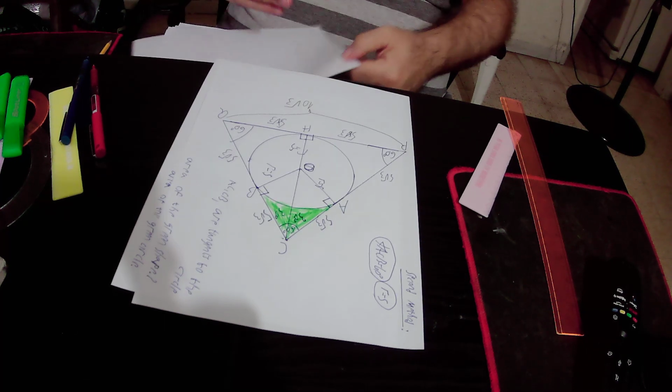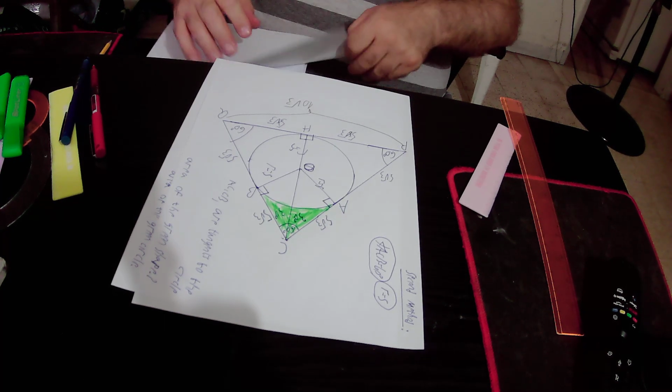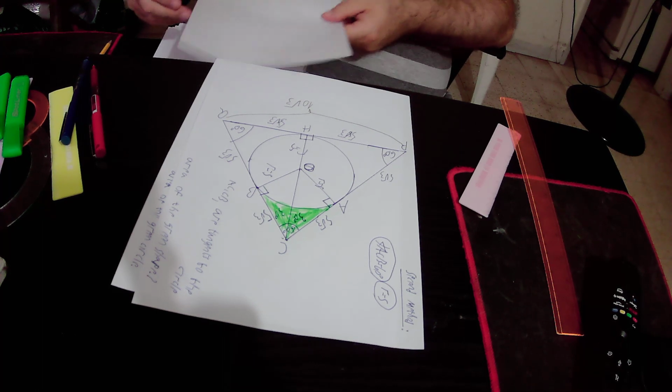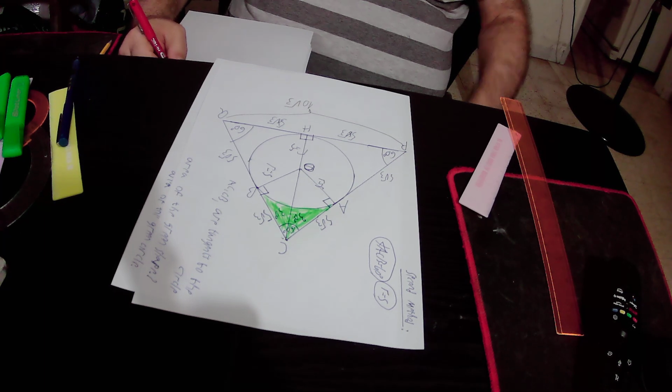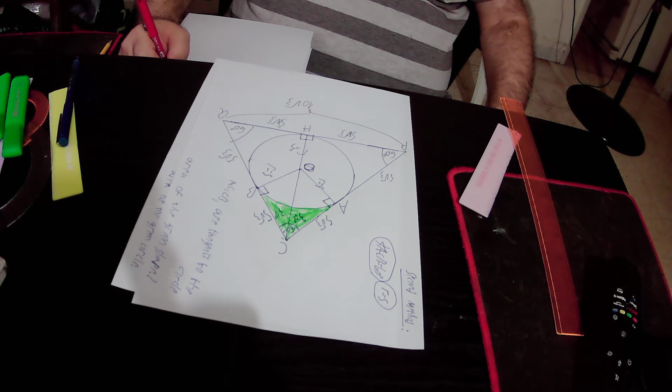And we know that in our circle r equals 5 units, so r squared is 5 squared, so the area of the circle equals 25 pi.